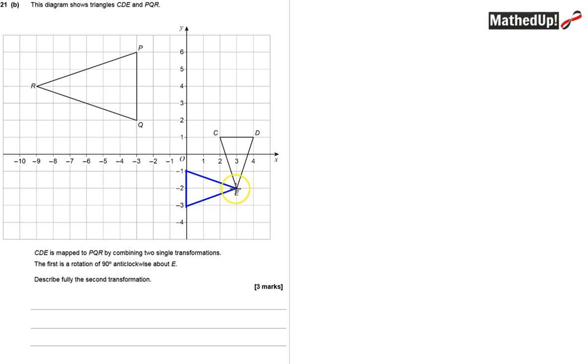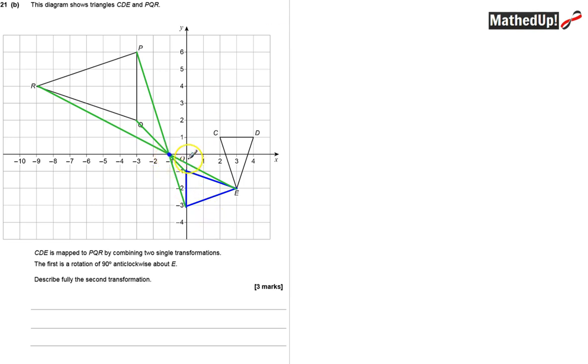Point E would map onto point R, and that looks fairly obvious. Now it looks like this has been rotated, so I think that this point here is going to map onto point Q, and this point here is going to map onto point P. And we can now see that we've got a center of enlargement that's going to be over here.